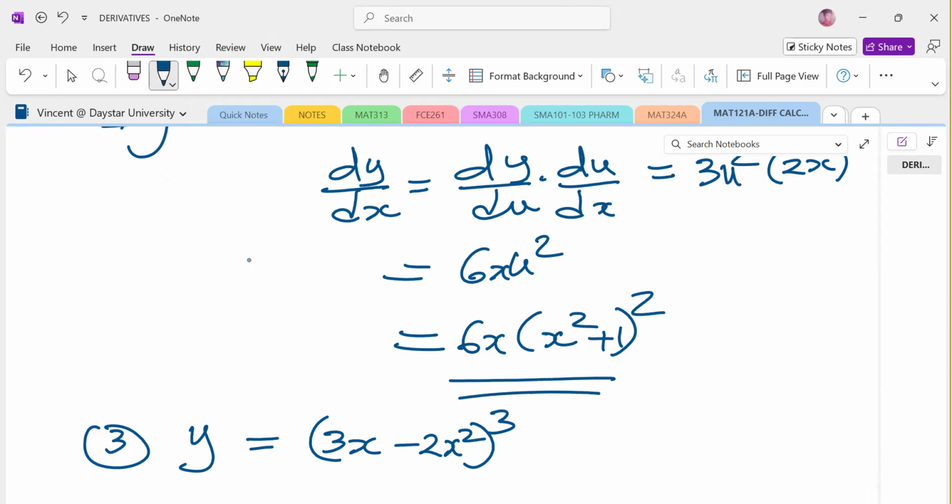Find dy dx given y is 3x minus 2x squared all power 3. So what is the best choice for u in this case?